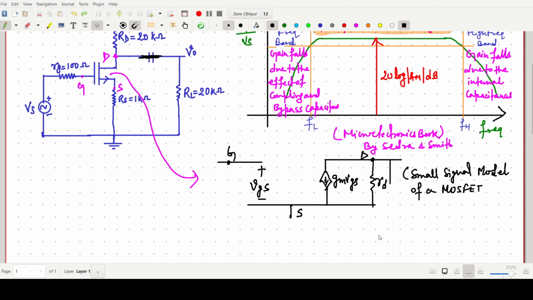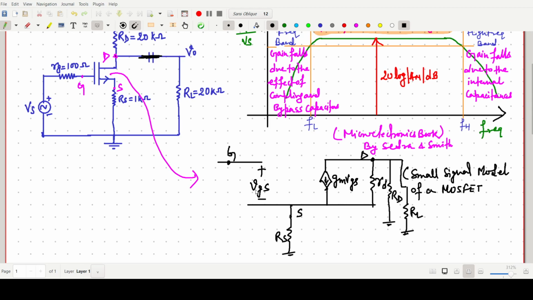This is our RD, and from this particular drain one more resistance is connected, that is our RL. This is the rough diagram. And from the source one resistance is connected, that is our RS. I am just making the rough diagram first.